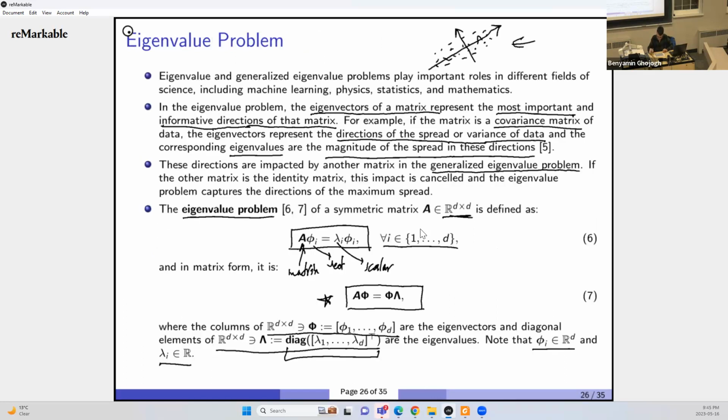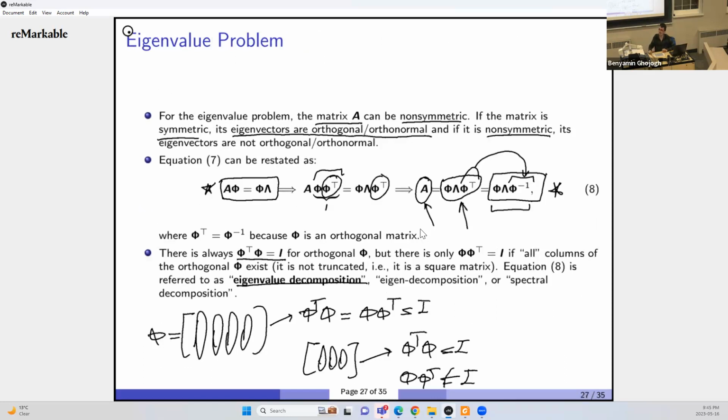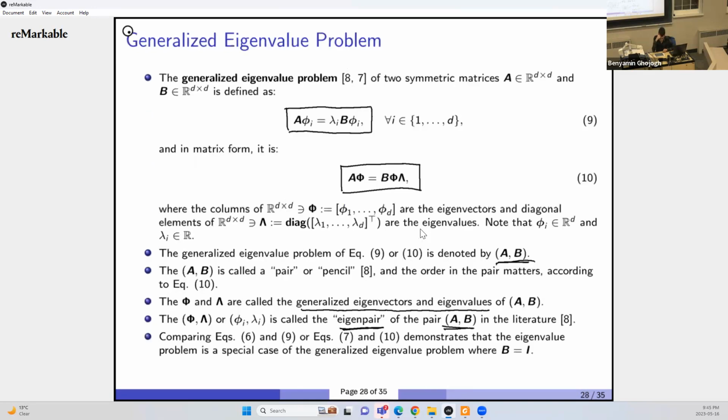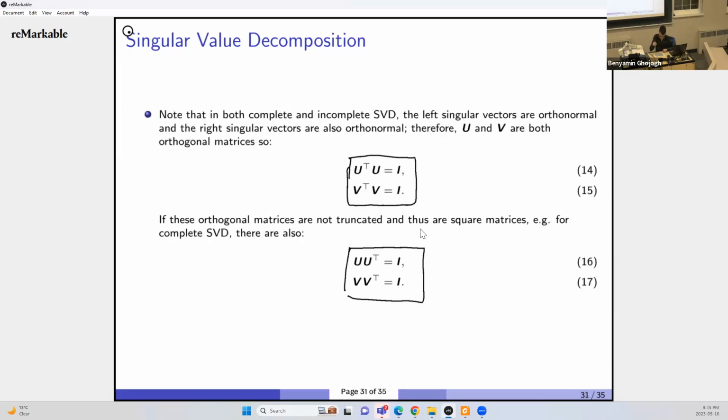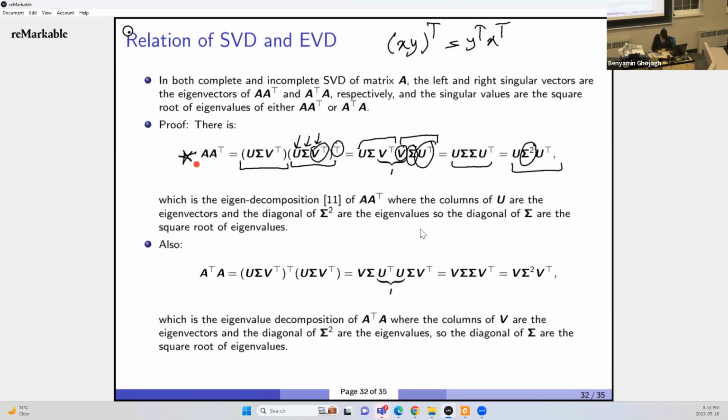Question 8. Recall this. So what? A A transpose.